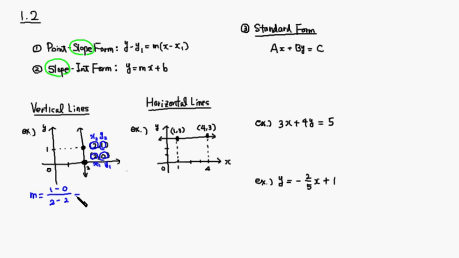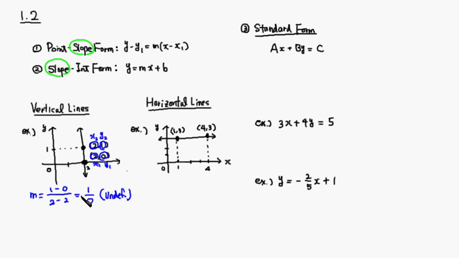You can see that the numerator is 1, which is no problem, but the bottom is 2 minus 2, which is 0. We cannot divide by 0, so this is undefined. This is a problem, because it means that we don't have a slope, which means that we cannot use either of these forms.